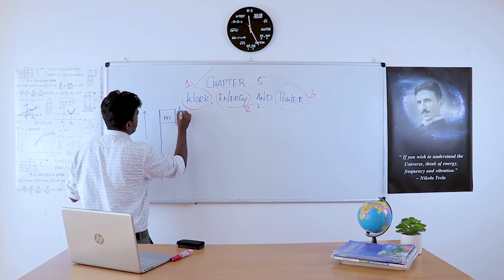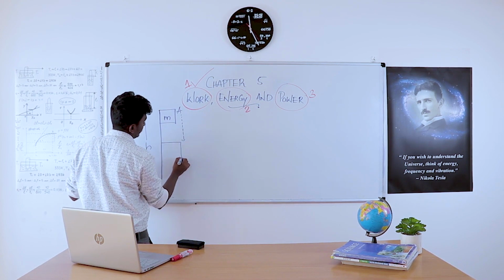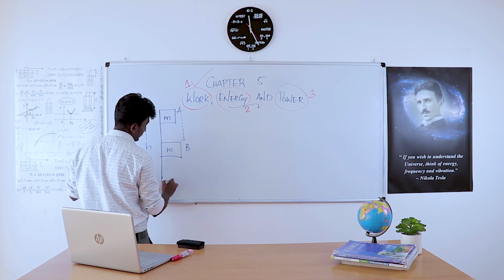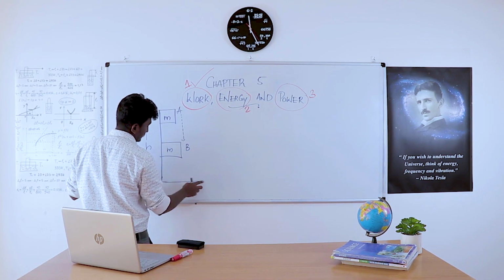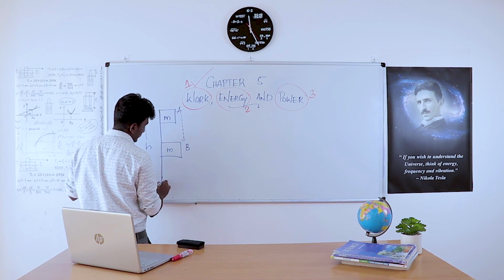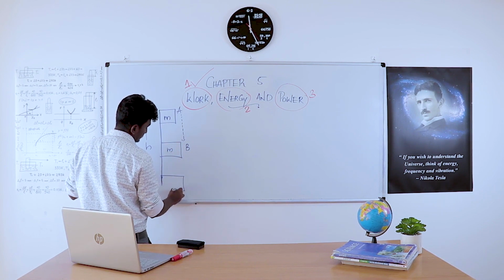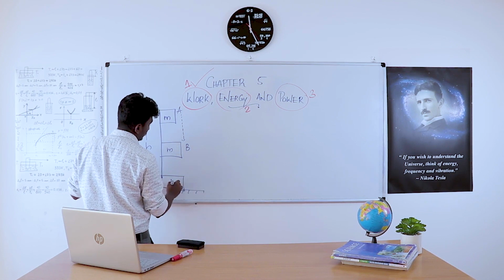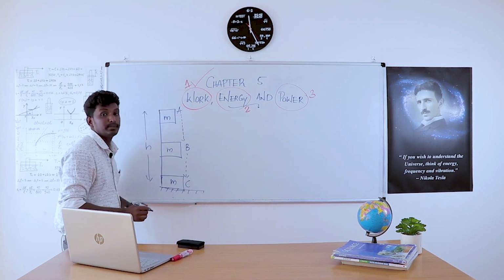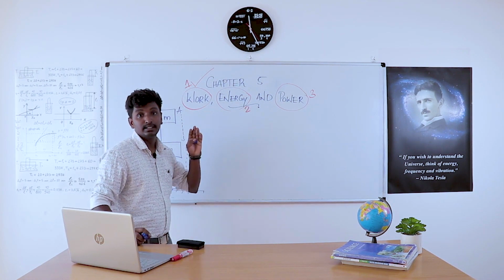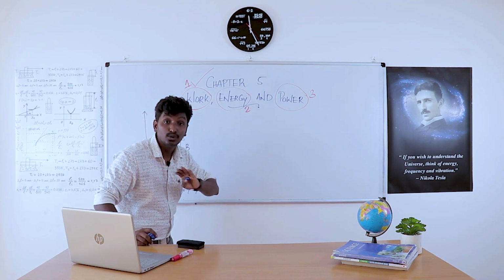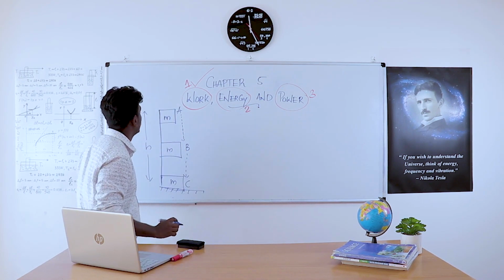The first point is taken as A, an intermediate point is taken as B, and the ground point is taken as C. The object is falling from A to C under the influence of gravity alone. No other forces are acting on the object.